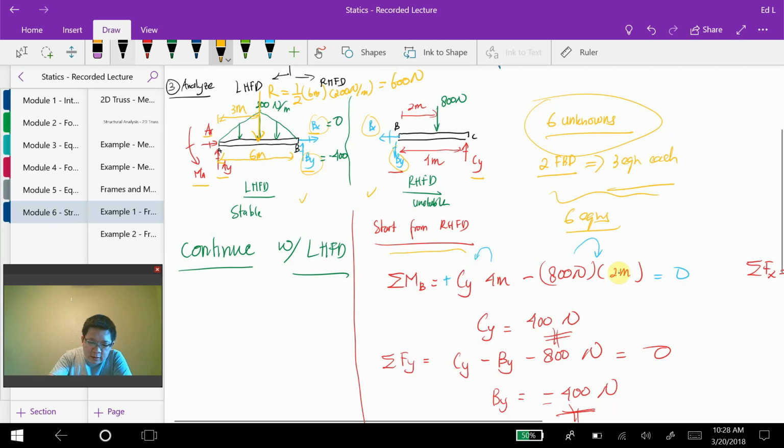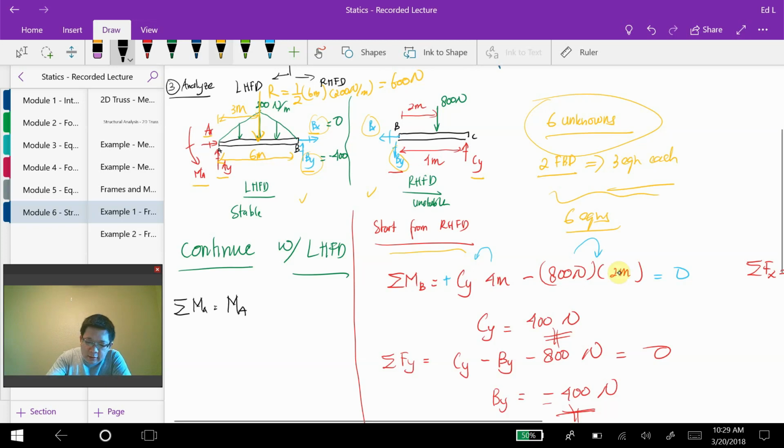And to solve for the unknowns, we can take the sum of the moments at A. Thus here we will eliminate Ax and Ay, and we will be able to calculate MA, the reaction moment at A due to the fixed support.